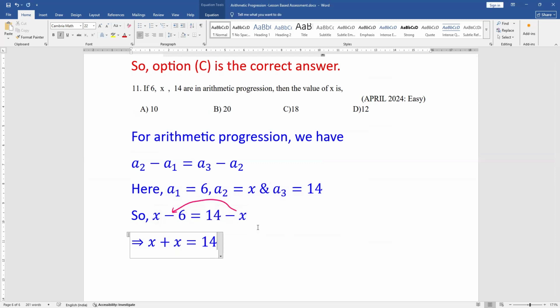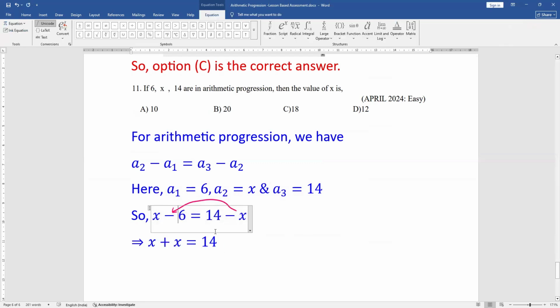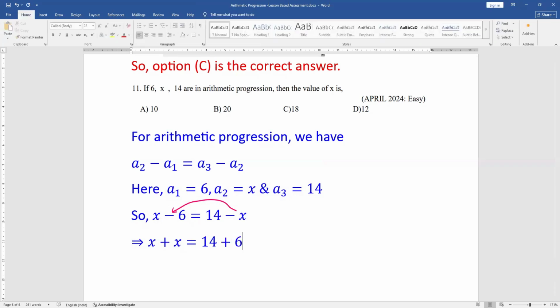Again, the minus 6 here, I am going to move to the right hand side. So numbers should be on one side, variables on one side. So I move minus 6 to the right hand side, it becomes plus 6. In my next step, x plus x is 2x equals 14 plus 6. 14 plus 6 is 20.